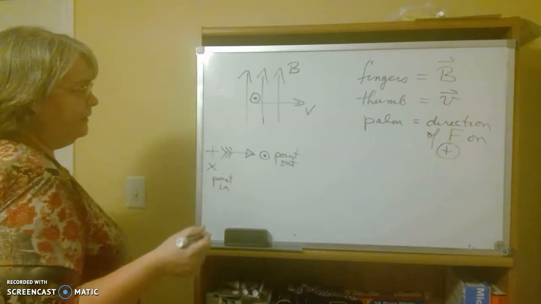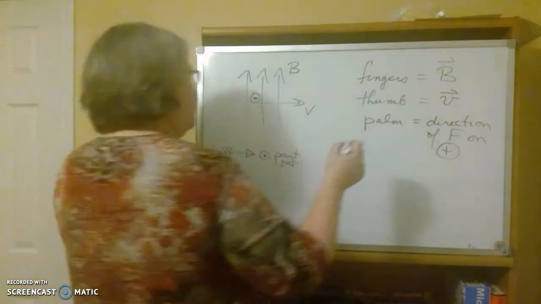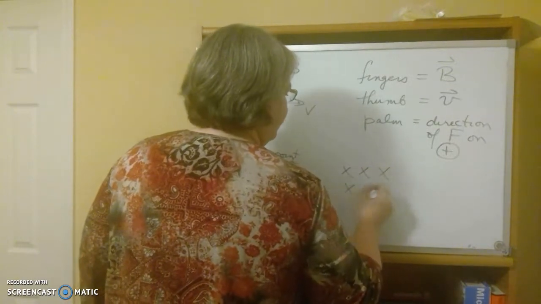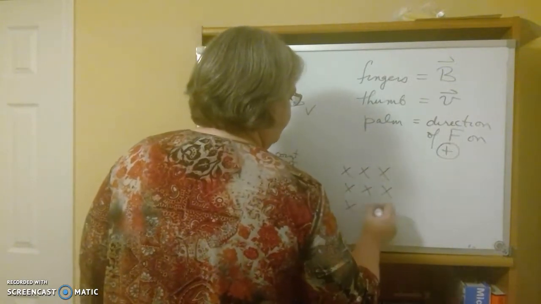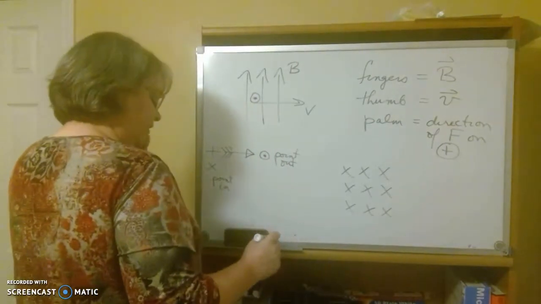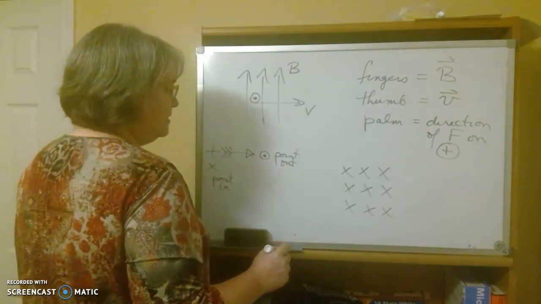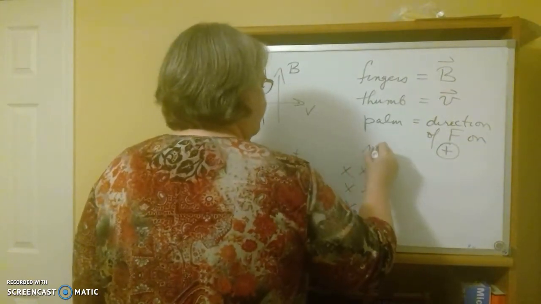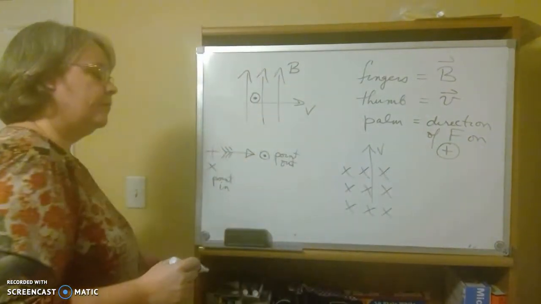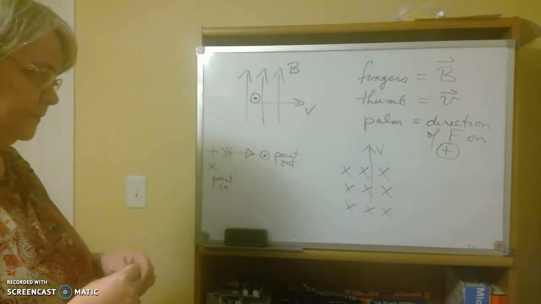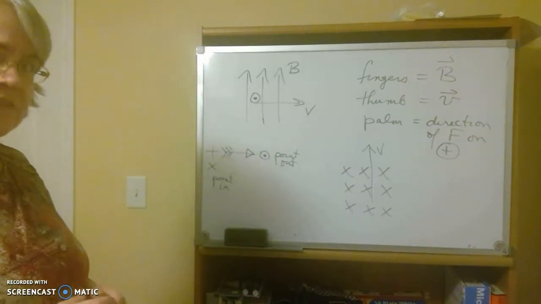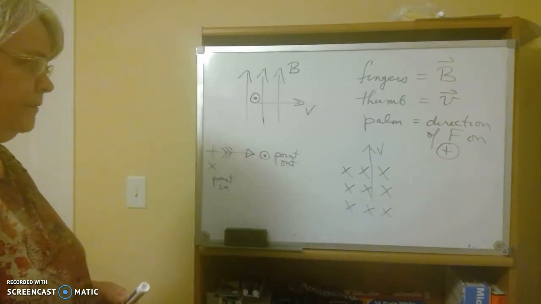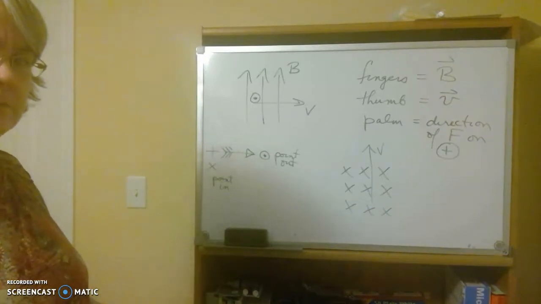If I had another example where I had my magnetic field shown by crosses and my velocity pointing at the ceiling, see if you can figure out which way the force would be. Okay?